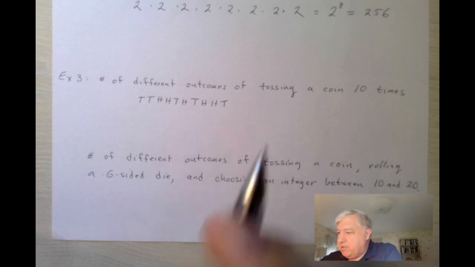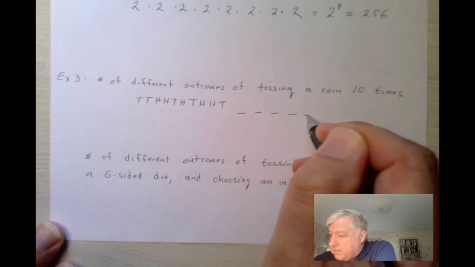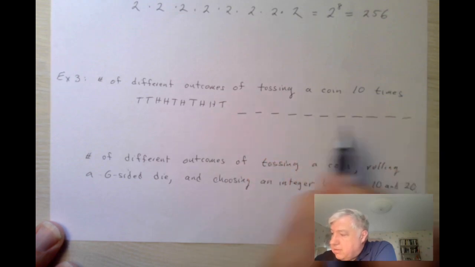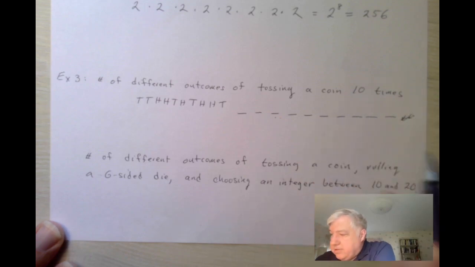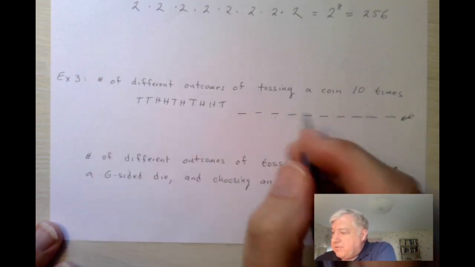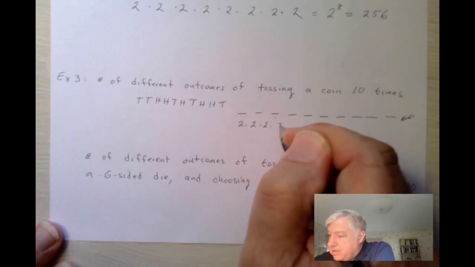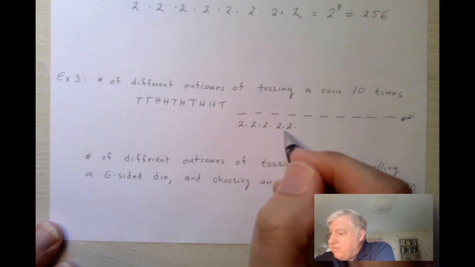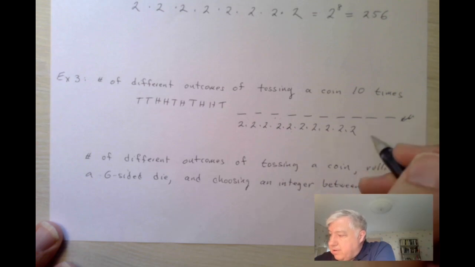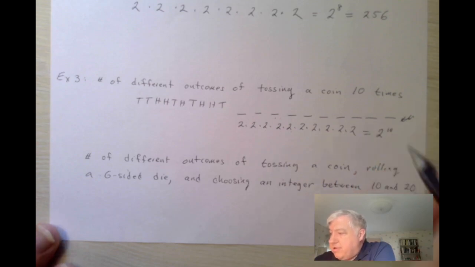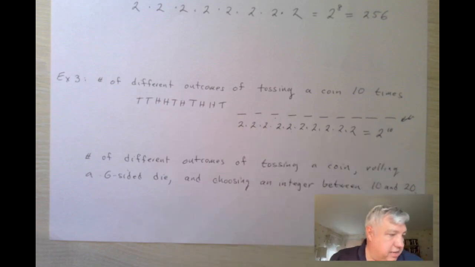So once again you can say, here are 10 possibilities: 1, 2, 3, 4, 5, 6, 7, 8, 9, 10. There are 2 possibilities for the first, 2 possibilities for the second, your third, fourth, fifth, sixth, seventh, eighth, ninth, tenth. So there are 2 to the 10th possible ways you can fill this out using H's or T's.